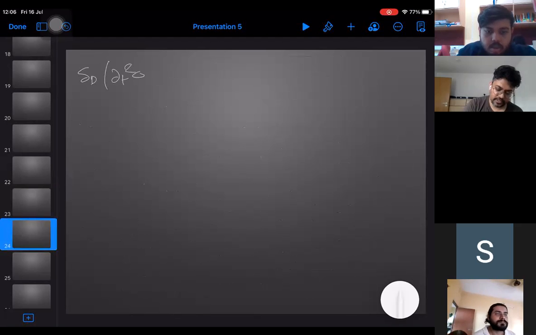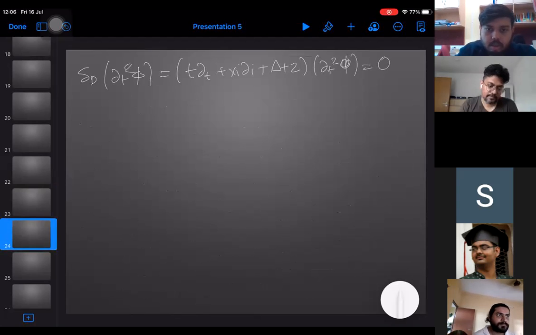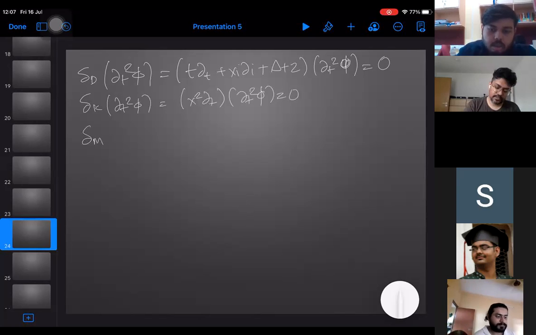let's say ∂_t² φ, if you calculate, is given by something like this, which is 0. Similarly, under the K, ∂_t acting on this comes out to be this. And finally, under the infinite part, we try to do that.